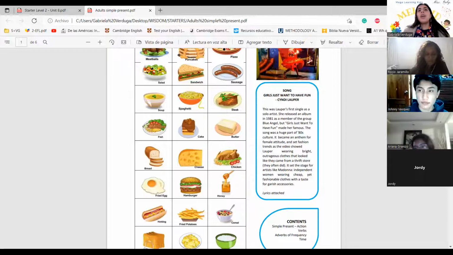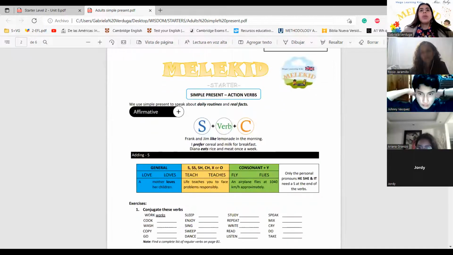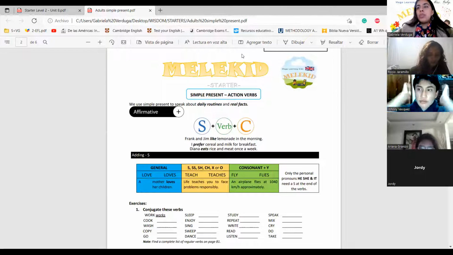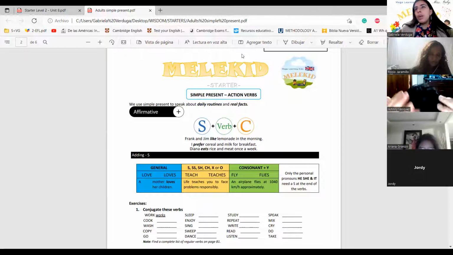Great. As you can see in the next page, we can see something about the simple present and action verbs. In English we have different verbs: modal verbs, action verbs, and non-action verbs.